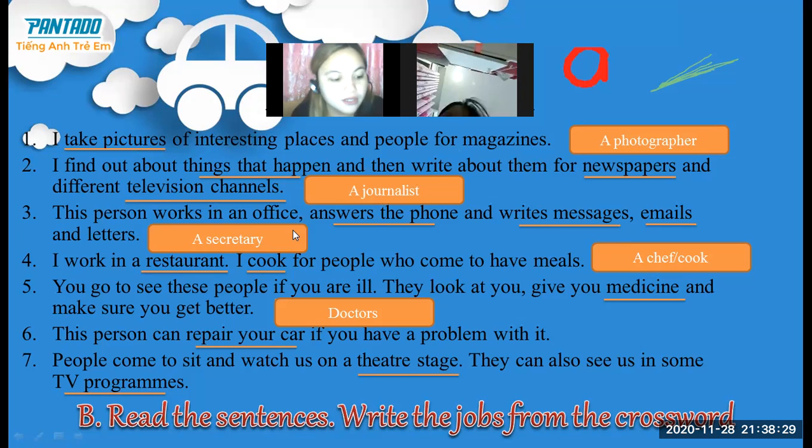Okay, now let's go to number 6. This person can repair your car if you have a problem with it. So what is this job? It is a mechanic. Okay, mechanic. Number 7. People come to sit and watch us on a theater stage.